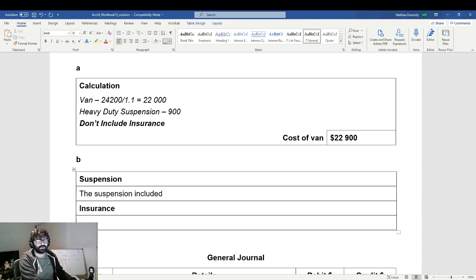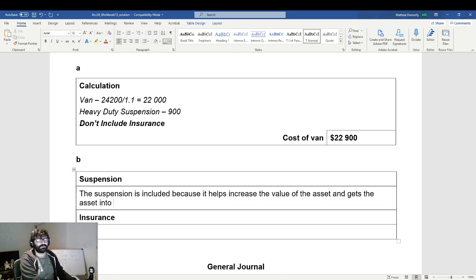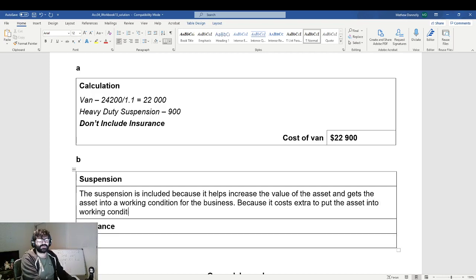The suspension is included because it helps increase the value of the asset and gets the asset into a working condition for the business, because it costs extra to put the asset into working condition. Those extras need to be added on.